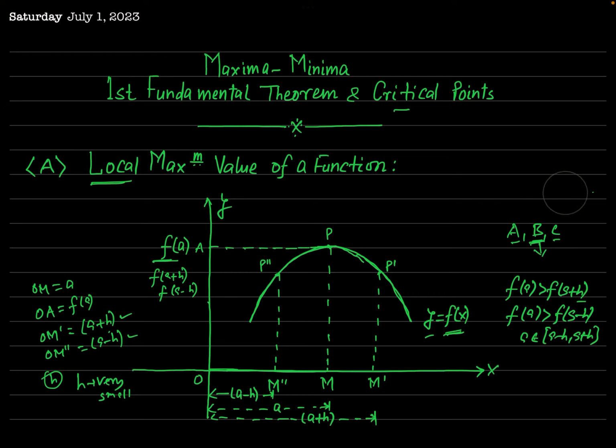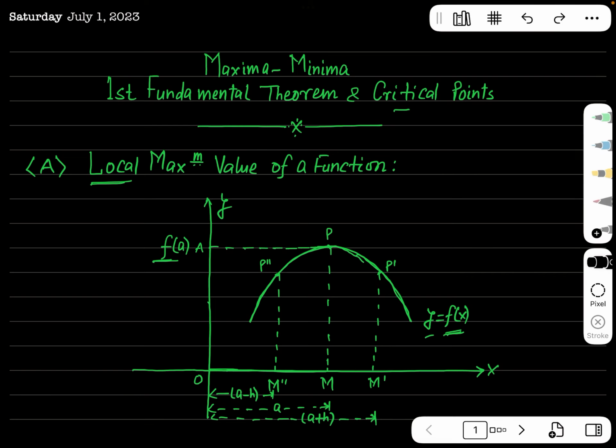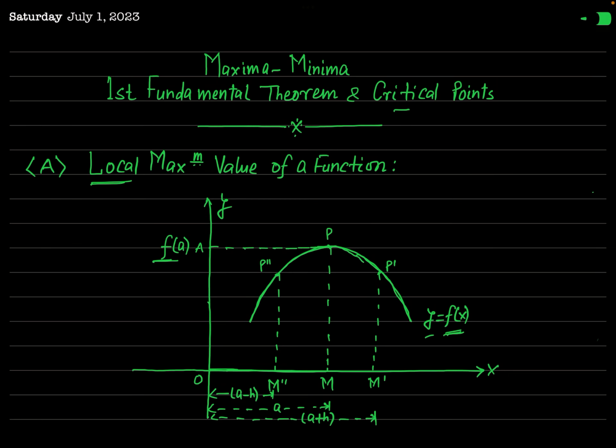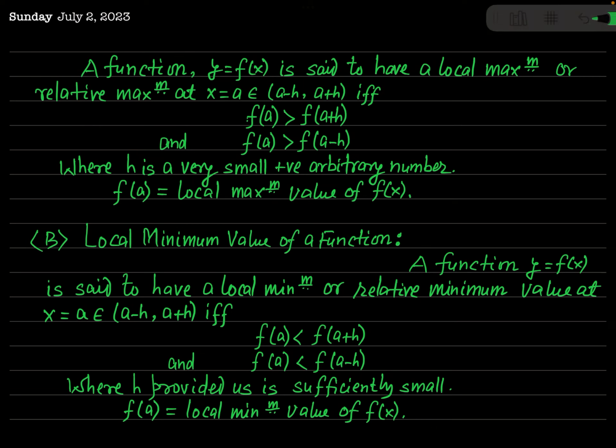So now, for your convenience, I have written all these facts which I have just explained. I have written each and every point so that you can note down these facts in your notebook, and that will be very helpful to you. Now let us see. I have mentioned all those facts which you have seen just now.